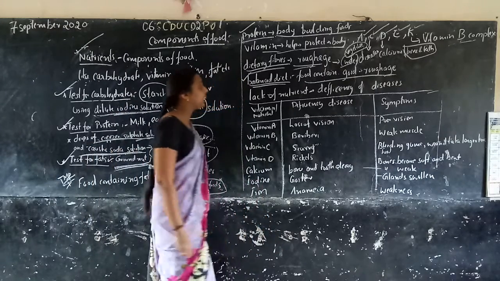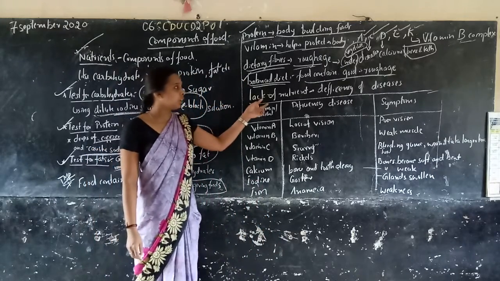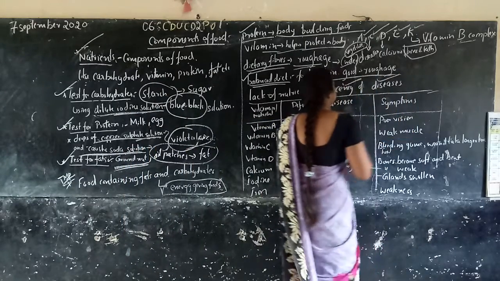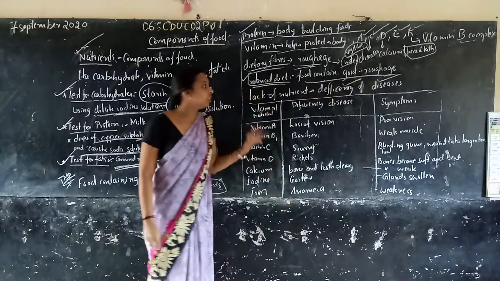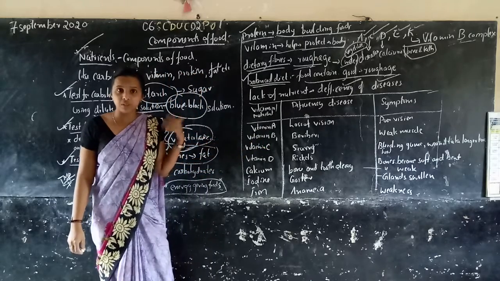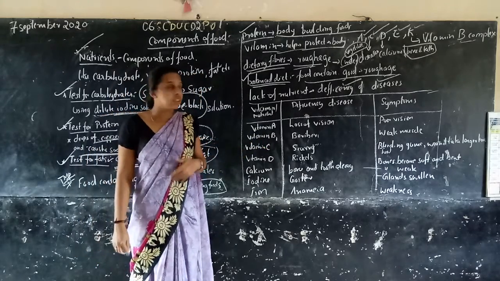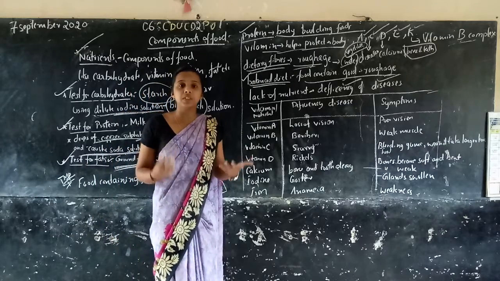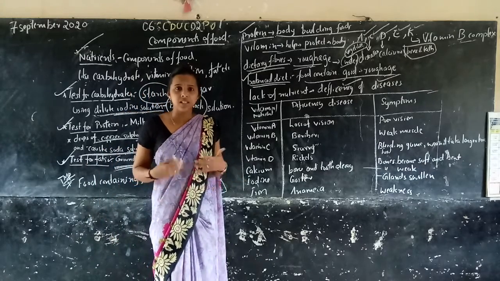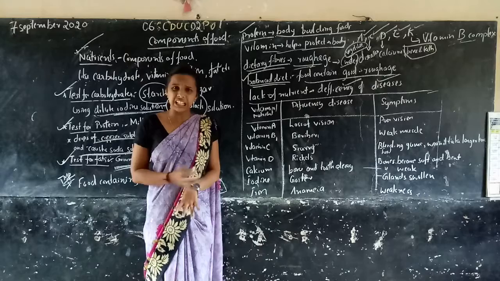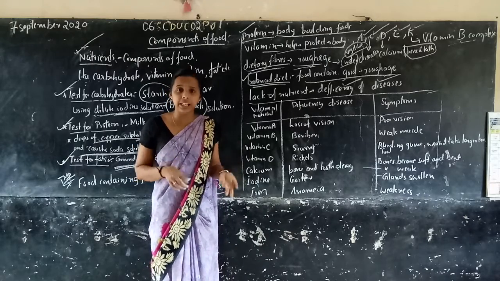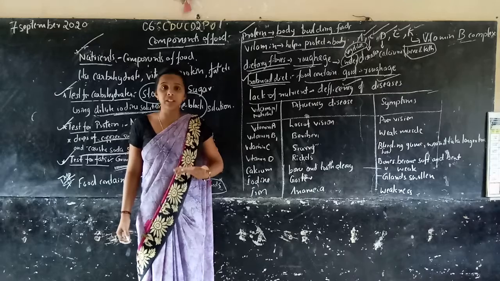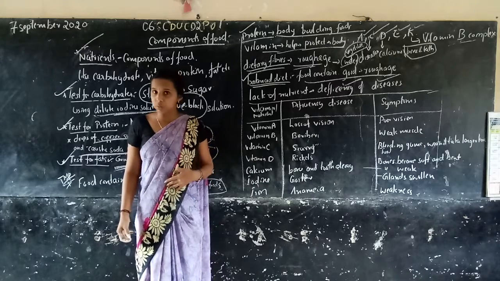What happens if there is a lack of nutrition? A deficiency disease will occur. If there is a lack of nutrients in our body, there will occur some diseases, some fever, skin allergies, someone may have blindness, etc. Each and every vitamin or nutrient is important to our body.